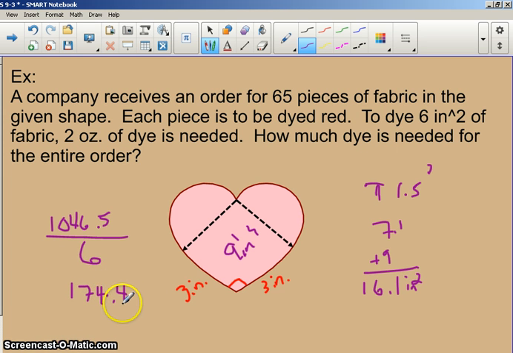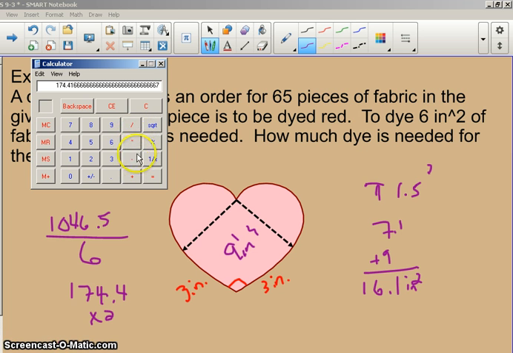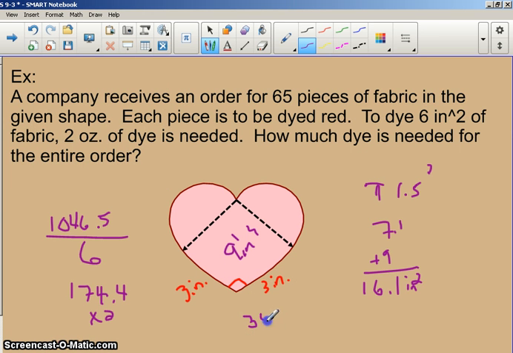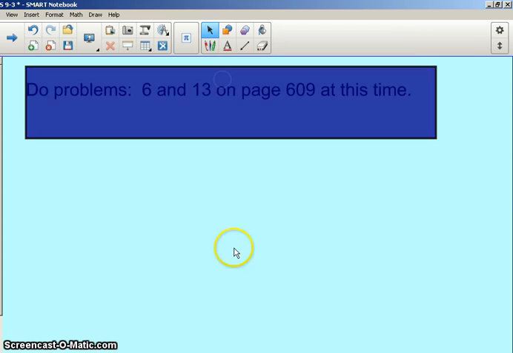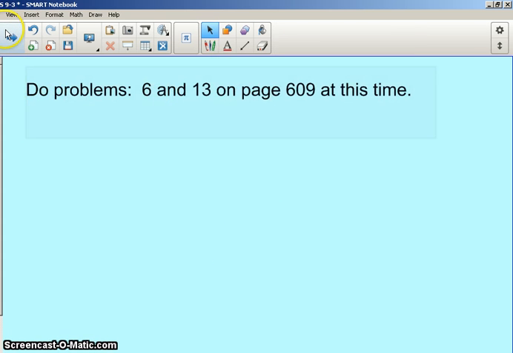So we need to multiply that times 2, and we'll have how much dye is needed for the entire order. So 348 ounces of dye. Alright, regular geometry students, bada boom, bada bang, there you go.